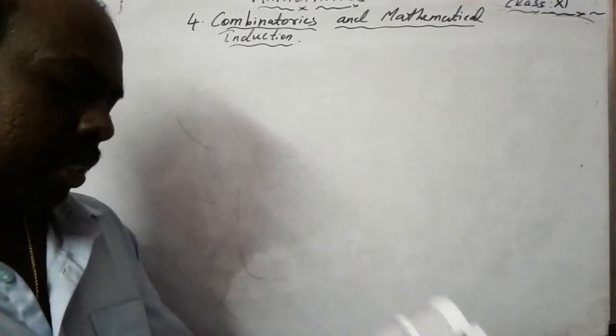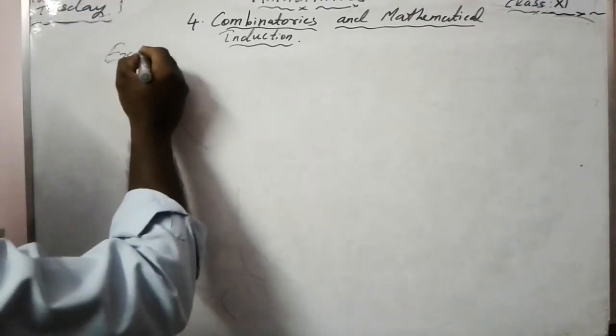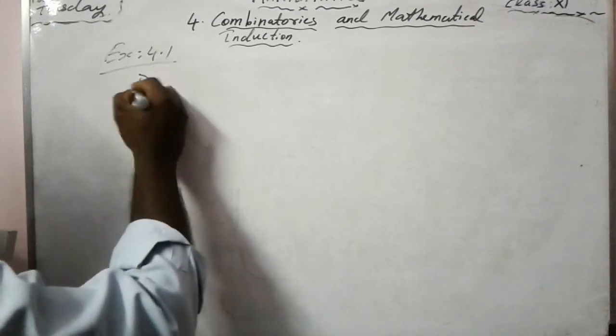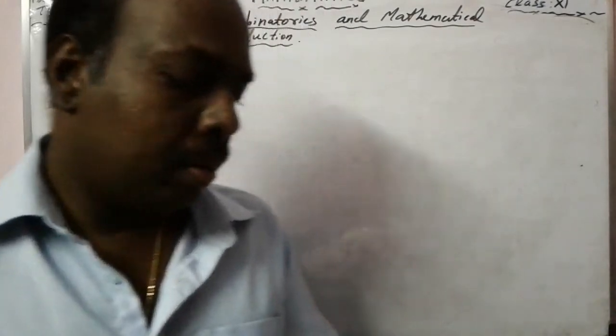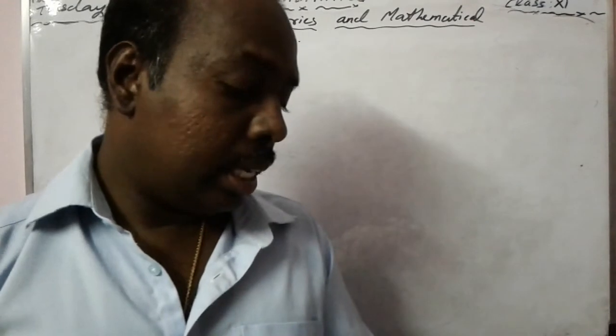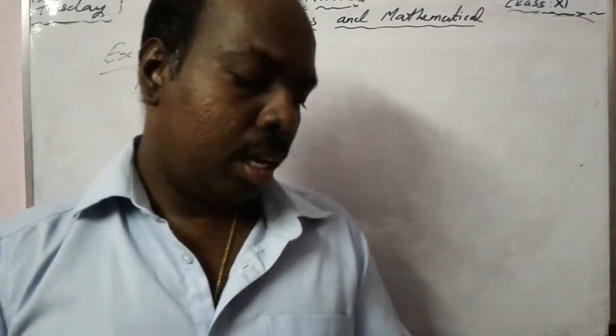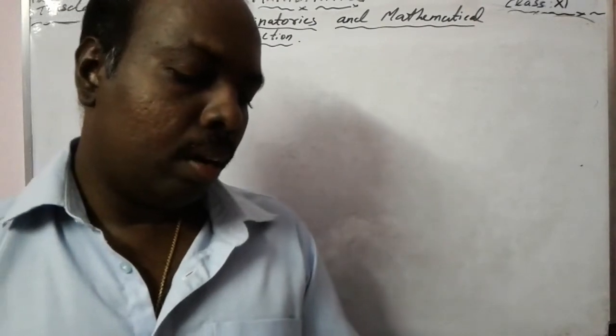Exercise one problem we can see. Exercise 4.1, first question. A person went to a restaurant for dinner. In the menu card, a person saw 10 Indian and 7 Chinese food items. In how many ways the person can select either an Indian or a Chinese food?